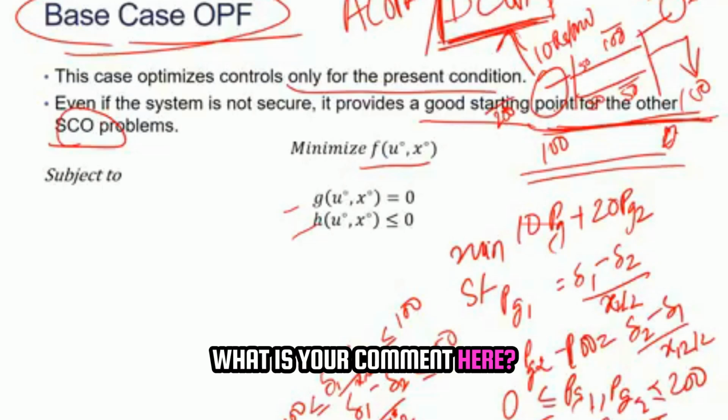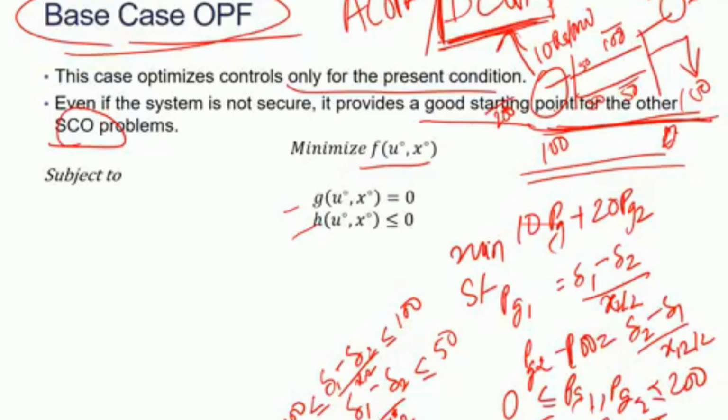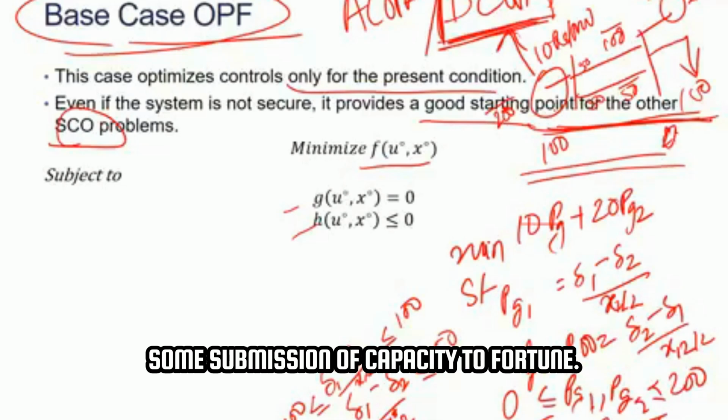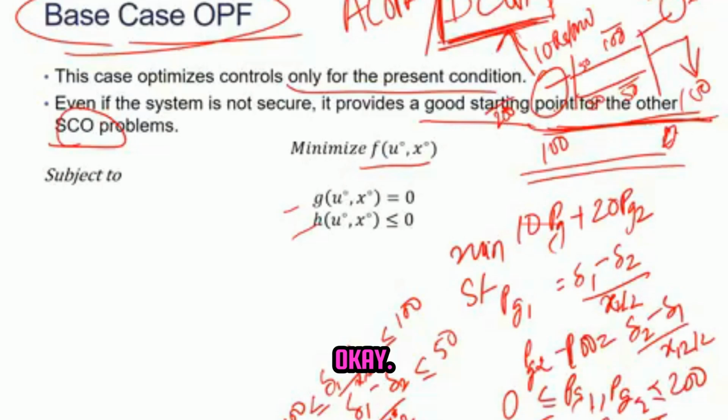What is your comment here? Sir, we can put one equation, minus 150 to plus 150. Okay, some summation of capacity for two lines.